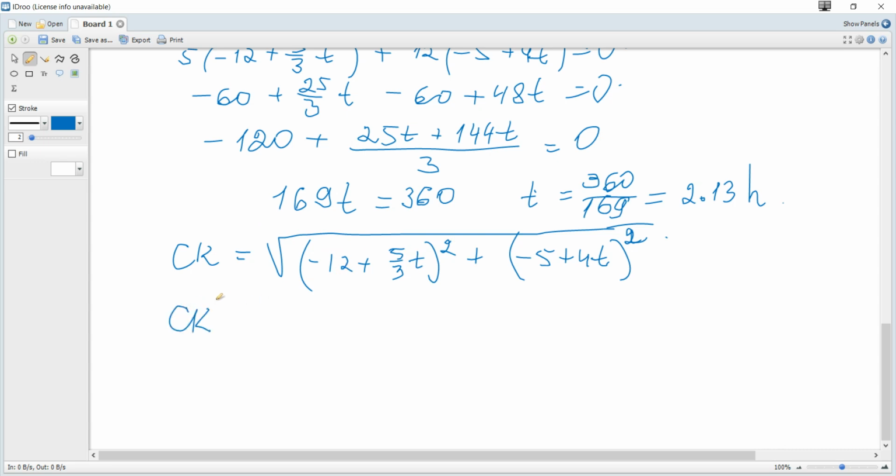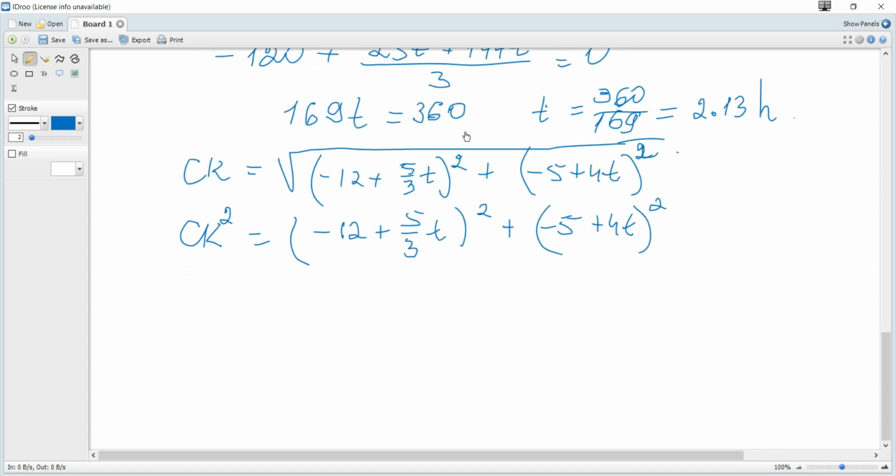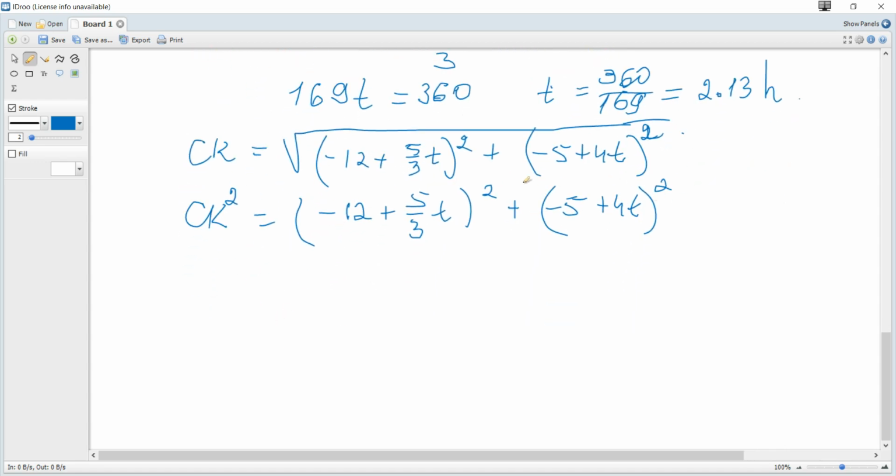If we consider CK squared, it's just negative 12 plus 5 over 3t squared plus negative 5 plus 4t squared. So if CK is minimum, CK squared also will be minimum, so we can differentiate this.